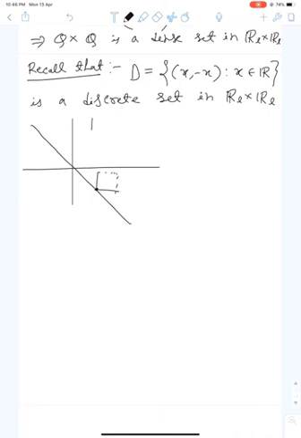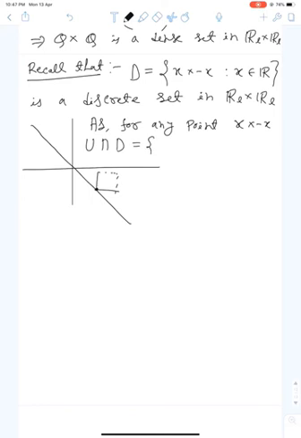So you can write, for any point (x, minus x), U intersect D is the singleton (x, minus x).